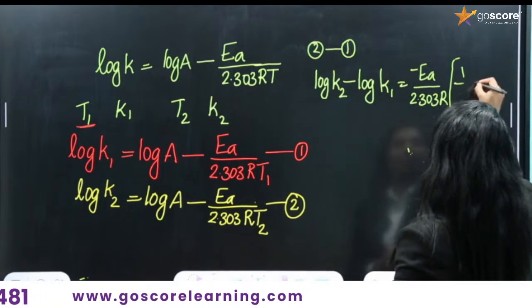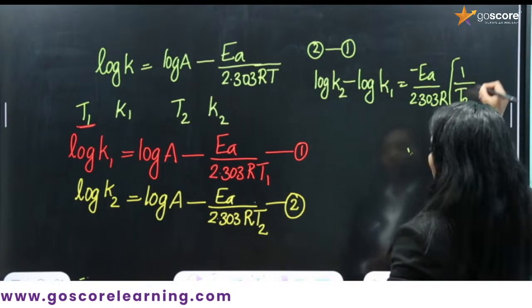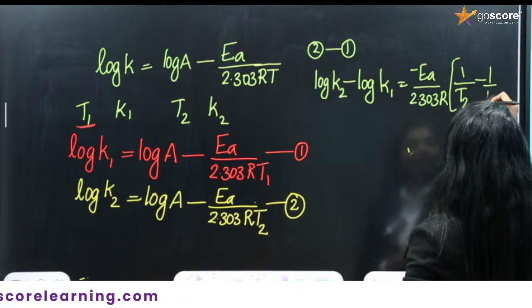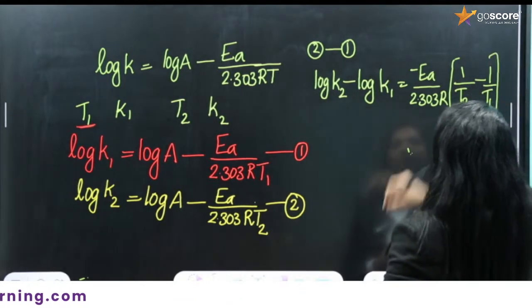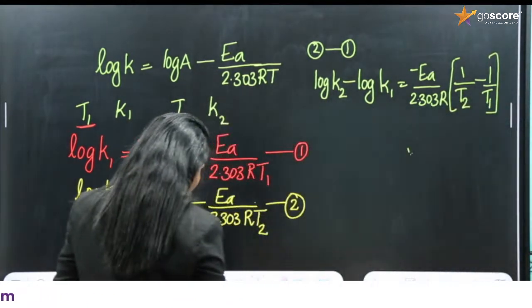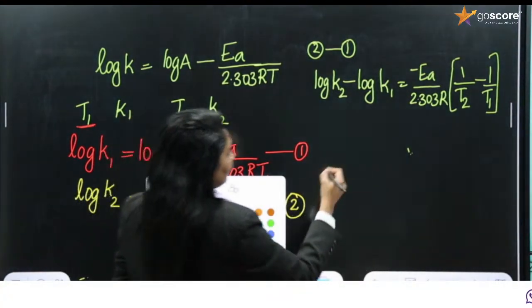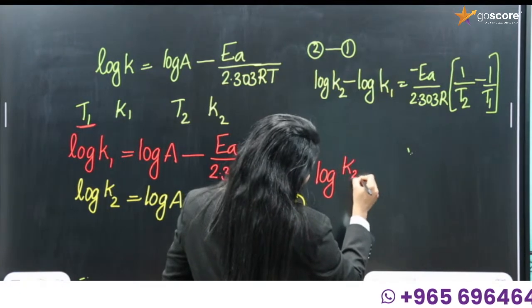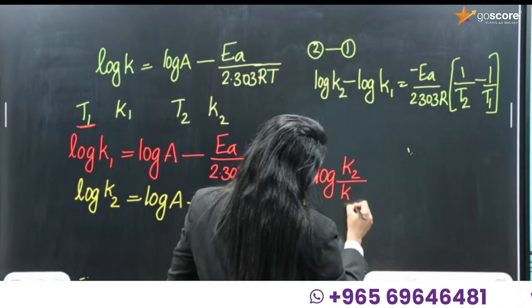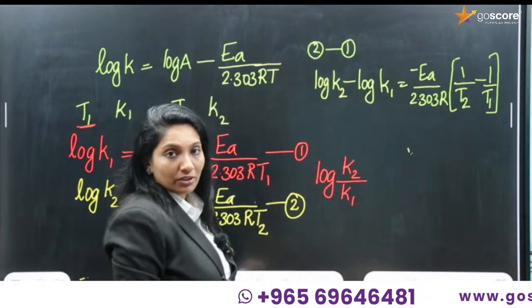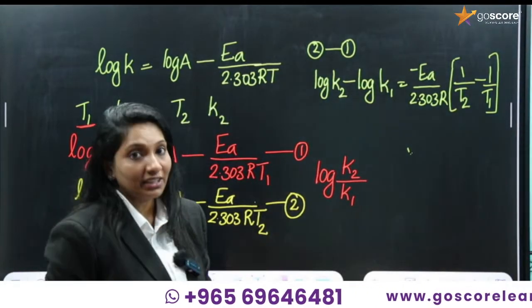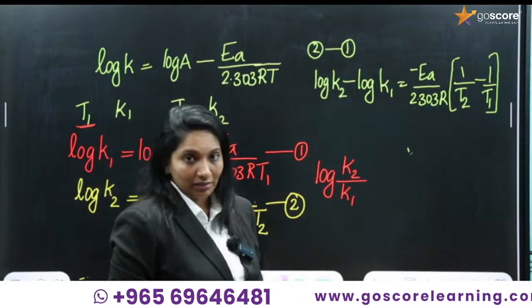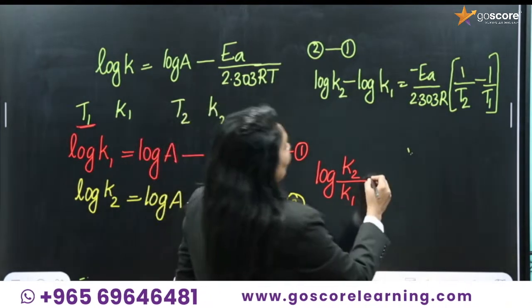Then it will be 1 by T2 minus 1 by T1. I can rearrange this equation as log K2 minus log K1, and we can write it as log K2 by K1.